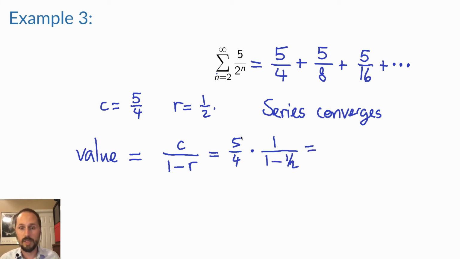Right, and then I can put the 5 on top here, and then here I get 1 minus 1/2 is 1/2, and then times 4 is going to give me 2. Right, so that series is converging to 5/2. Okay, so hopefully that's clear.